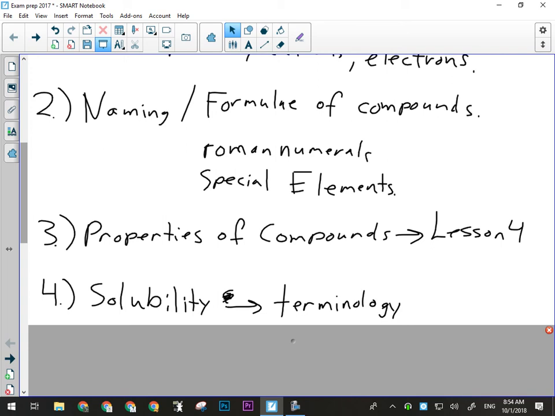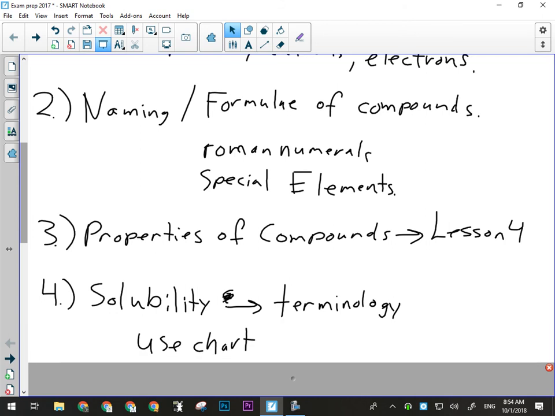If you don't know what a precipitate is, that question becomes very difficult. So expect something like that, where I give you a reaction and ask you to figure out which of the products is soluble and which one isn't using your solubility chart. So not just terminology, but also being able to use the chart to figure out whether something is soluble or not. All things that we've done in class.